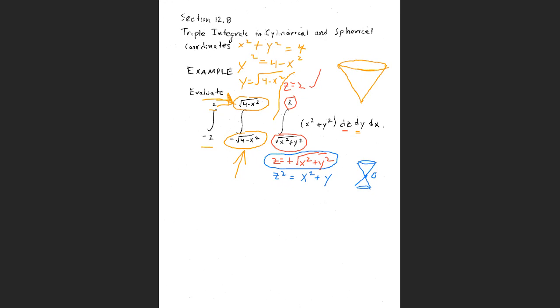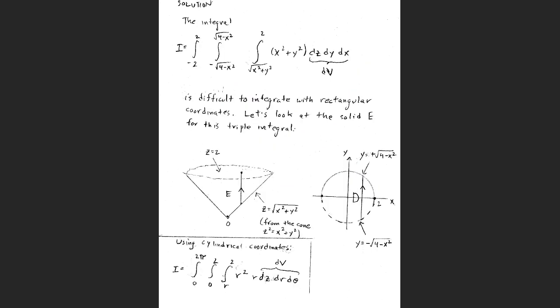All right, so on that note, let's go ahead to the solution here. We're not going to use rectangular coordinates here. We're going to use cylindrical coordinates. I have the integral rewritten here. We know it's difficult to integrate with rectangular coordinates, so we're going to convert the integral in terms of cylindrical coordinates.